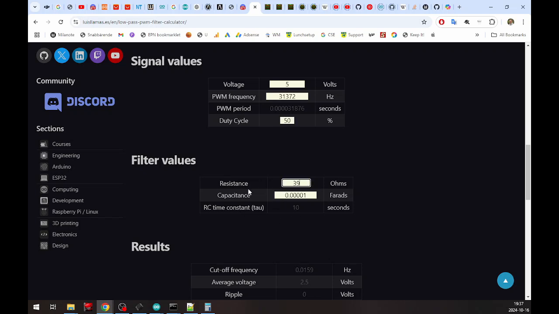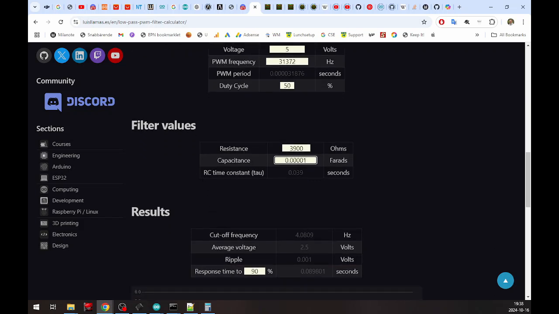So if we take the most significant bit of our dual PWM output, 3.9K, and we take a 100 nanofarad capacitor, we get a few things here. First, we get the RC time constant, or the tau, and that is at 0.39 seconds. What's tau, you ask?